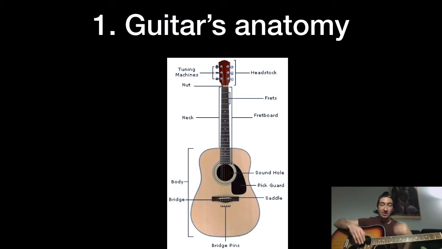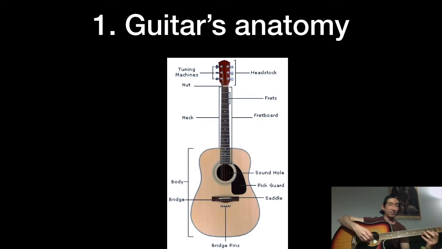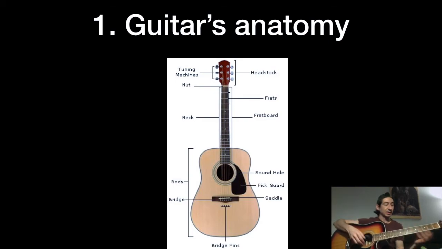The vibration of the strings is basically what produces the sound. The shorter the string is, so when you are pressing one of the spaces in between the frets, you are making the distance from this point to the point where you press shorter, right?